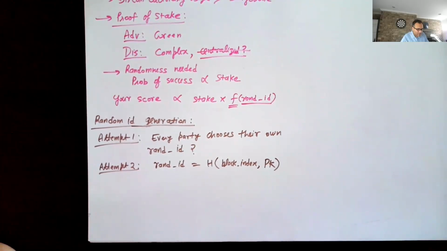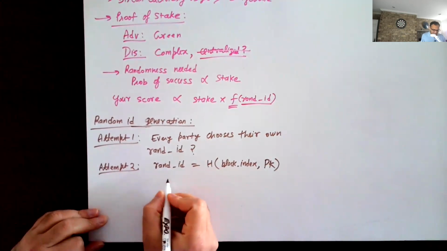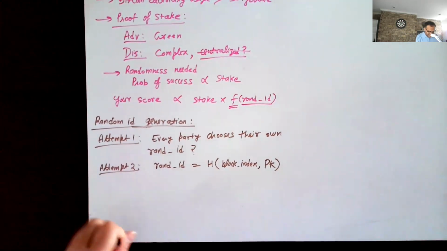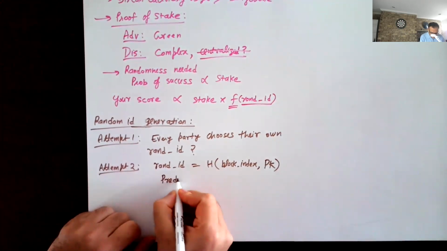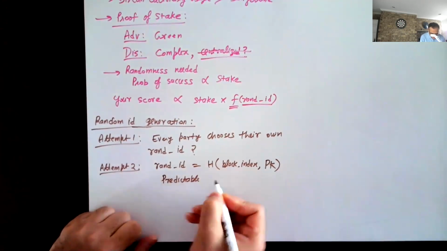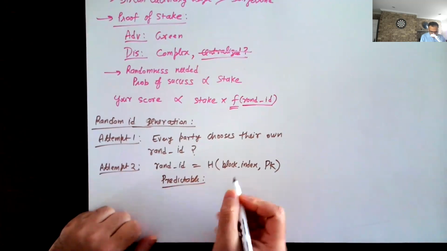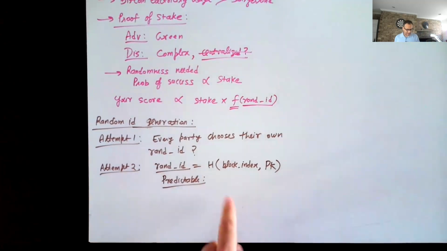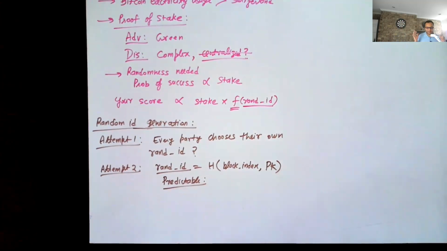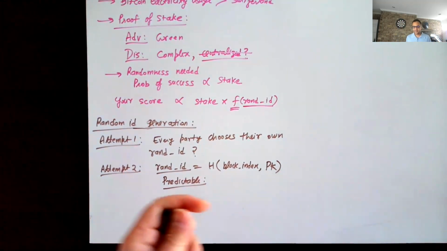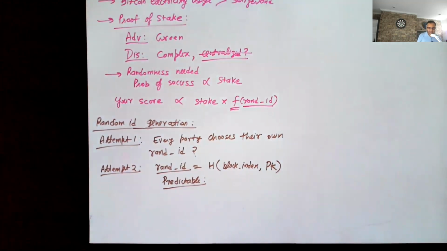So what is the problem? I think many students were already going in the right direction: it's predictable. Far into the future, I can compute, I'm just taking the block index here. So I can pick a million different public keys and I can see for which block which public key is the best.